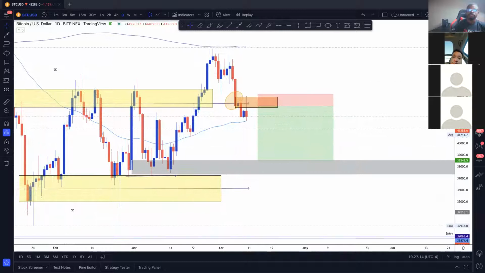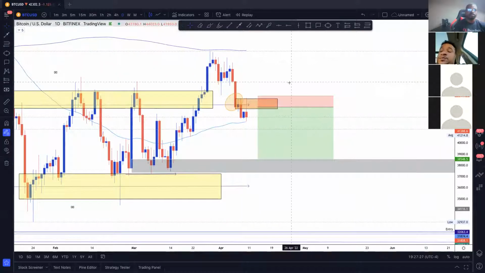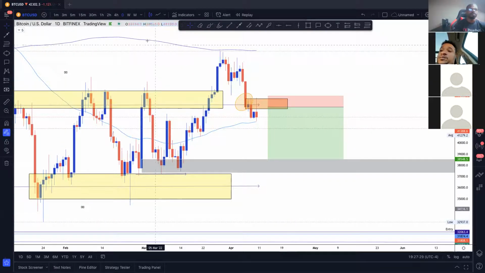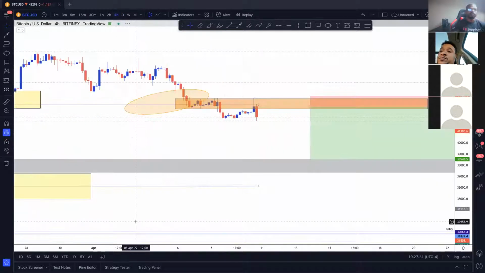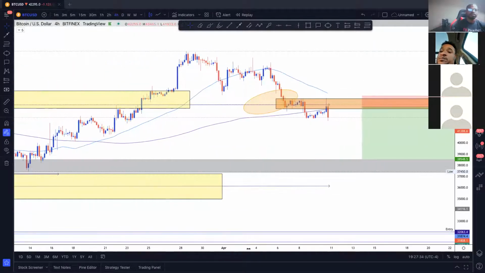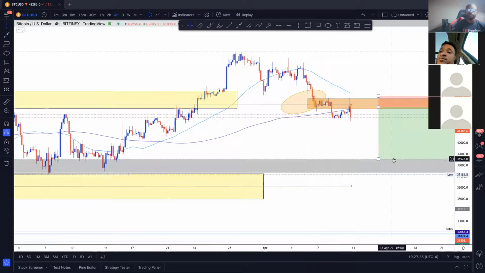So right now, would you consider the macro trend to be bearish? Yes. So as of right now, we will be in a bearish move, looking for sales on Bitcoin.